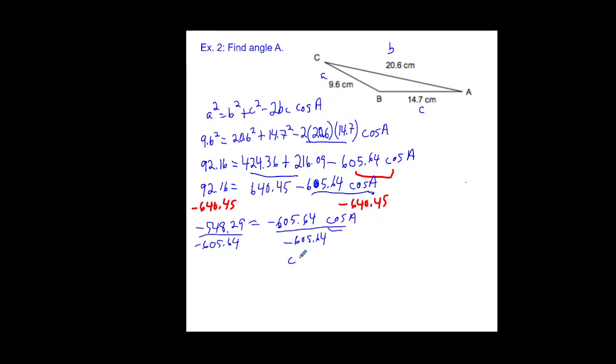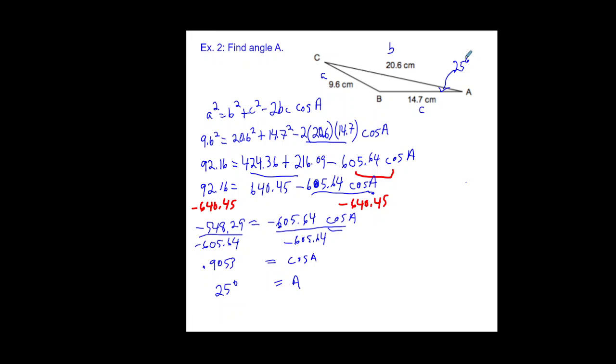So that leaves us with cos A equals, and if we plug that into the calculator, we should get 0.9053. And again, we want to undo this operation of cos, so we're going to apply the inverse cos to both sides. That will leave us with A equals approximately 25 degrees. It's a little more than that, but we'll round that to 25 degrees even. So again, we found that the angle in here is approximately 25 degrees.